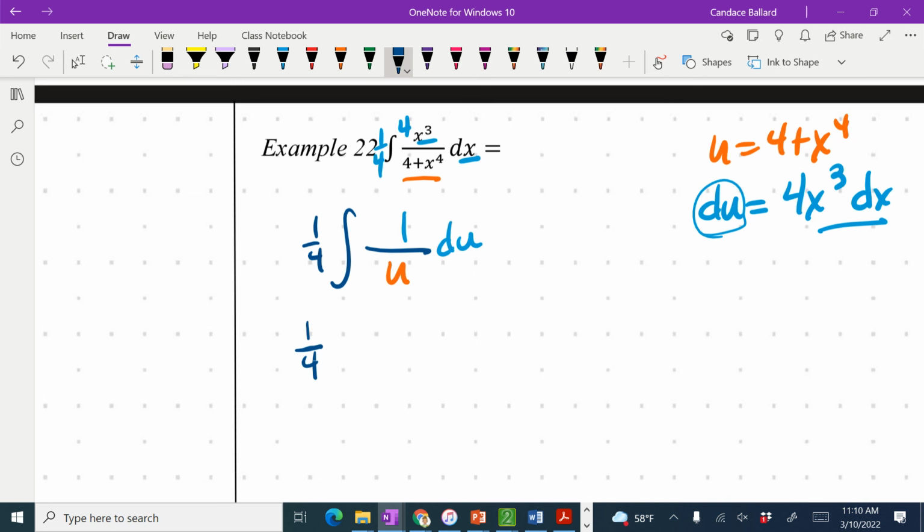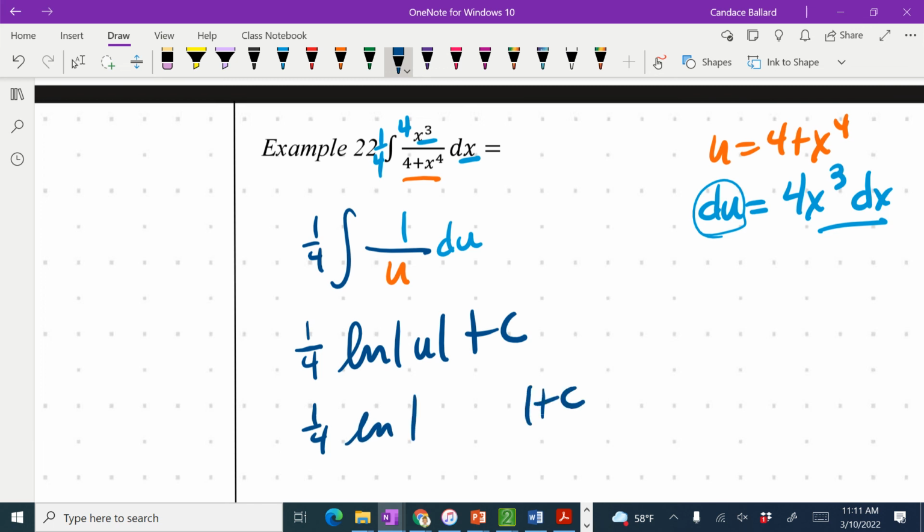All right, when we integrate 1 over u, what do we get? Good. The natural log. The 1 over u, it comes up so much. You're going to see it on the AP test, okay? Multiple times. All right, I'm subbing in for my u. We've got 4 plus x to the 4th.